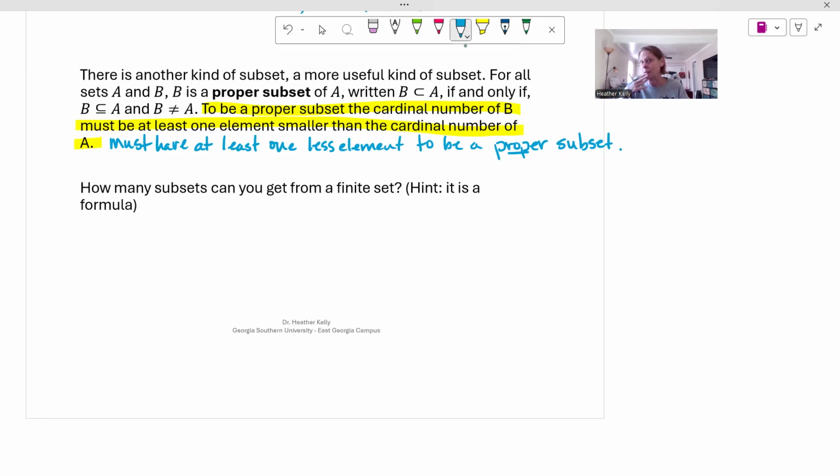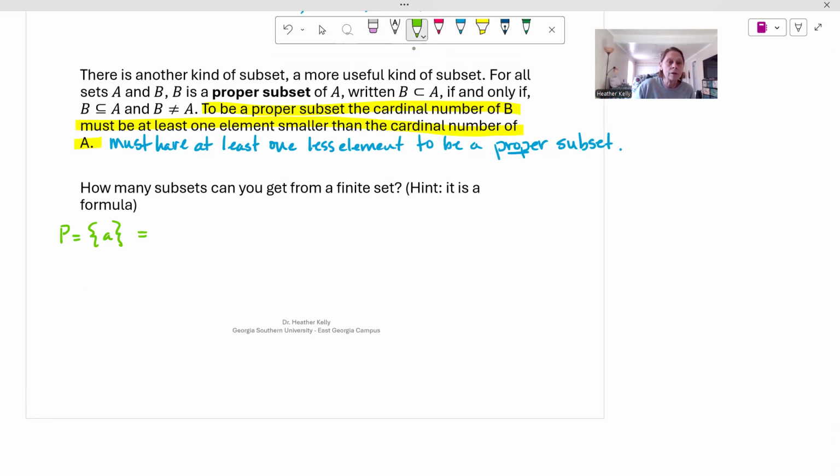The first thing I'm going to do is start modeling this. How many subsets can we get from a finite set? So let's list out some finite sets here. We don't need to start with the empty set, that's just part of the gig. Sorry. So let's start off with set P. P has one element.